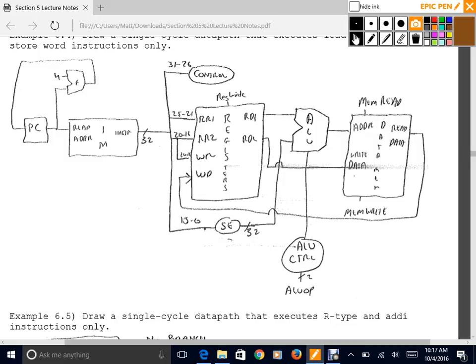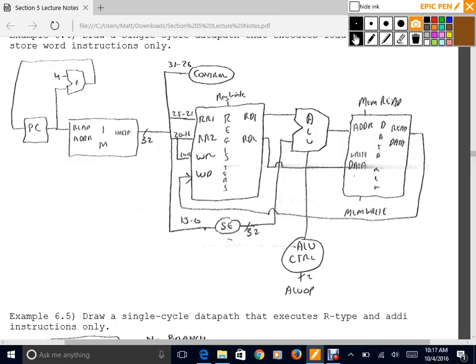Am I reading from or writing to data memory in an R type or add immediate instruction? To data memory? No, that's not correct. You're writing data to the register in an R type instruction. What is the definition of an R type instruction?